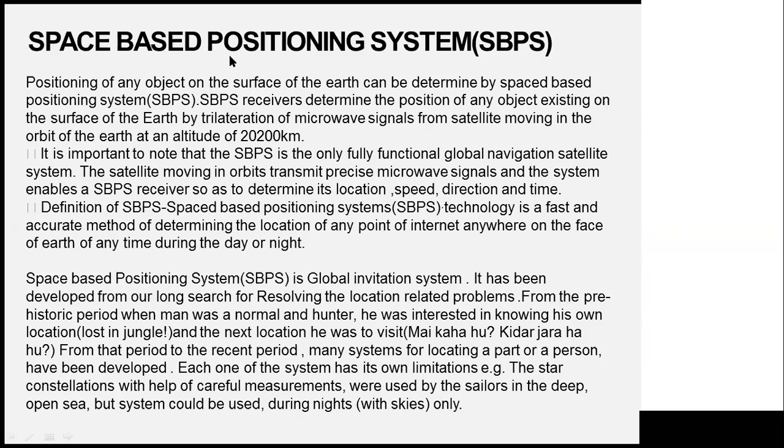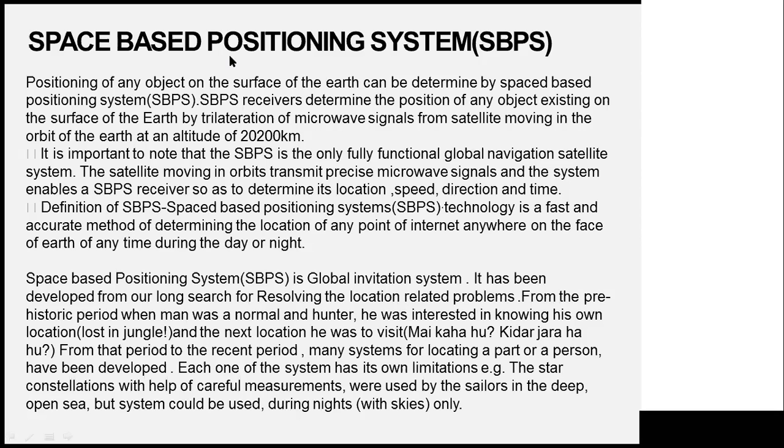So there are certain satellites moving in space, and based on that, if a certain receiver is placed on the earth, then the system will exactly determine the latitude and longitude of that particular point through which the signals are received. So that type of surveying can be done with the help of the space-based positioning system, that is simply by the help of the satellite.